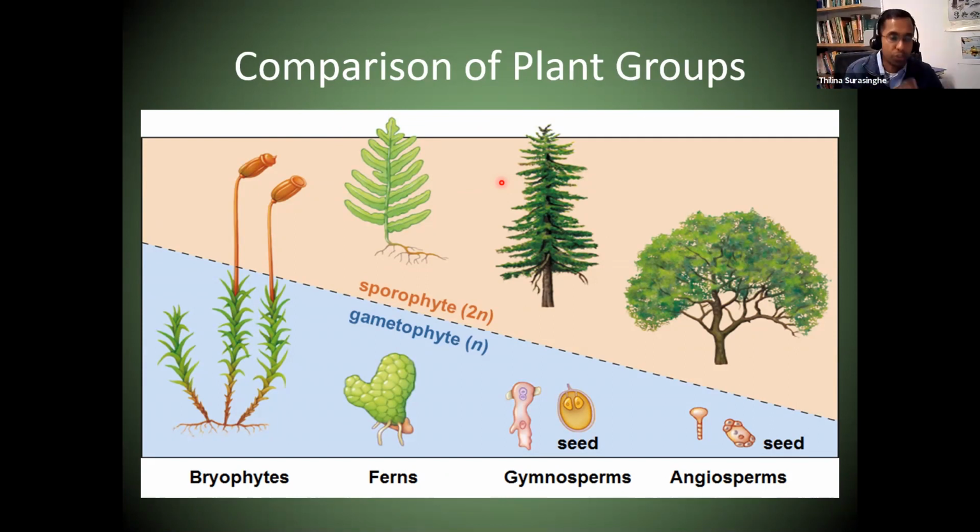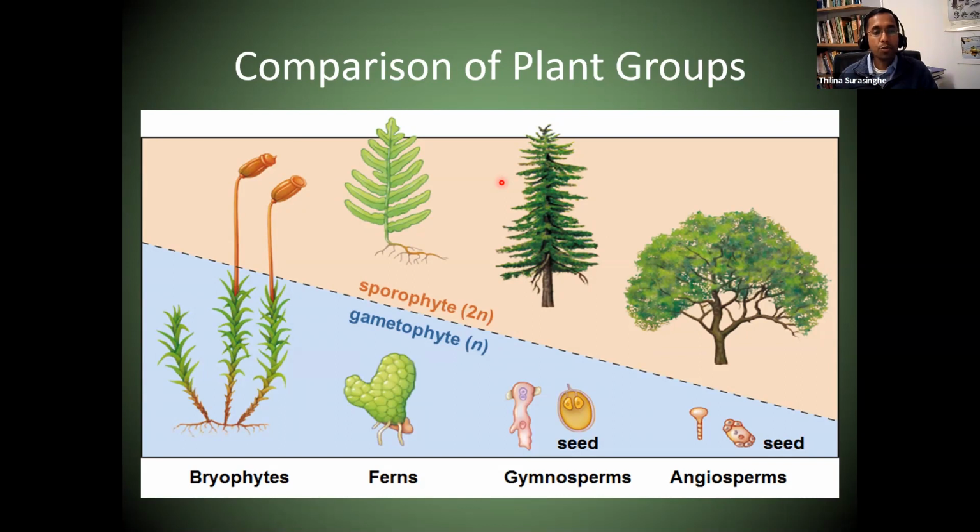It's conspicuous, right? The sporophyte in bryophytes and ferns is actually smaller in size, less prominent, very small, and shorter in the lifespan, in their life cycle, right?